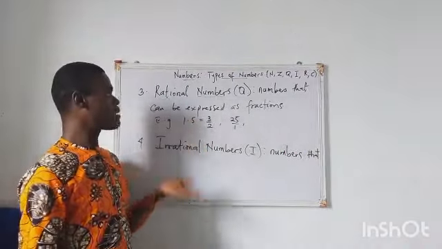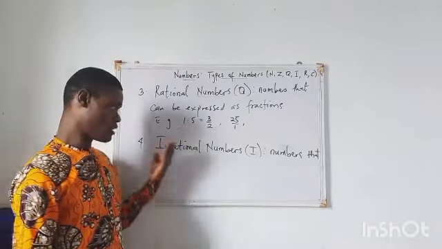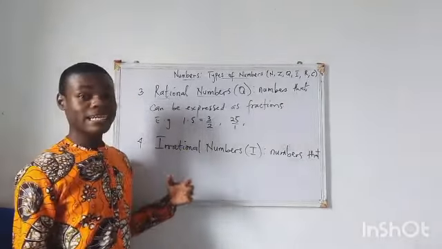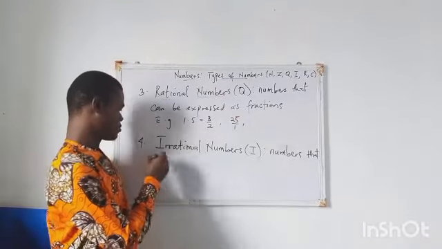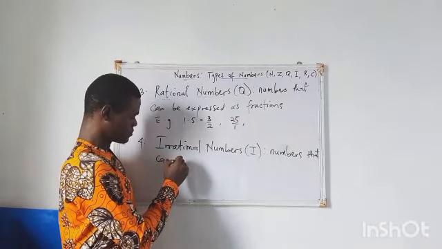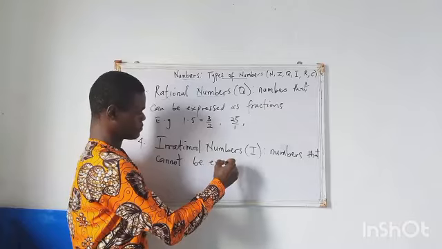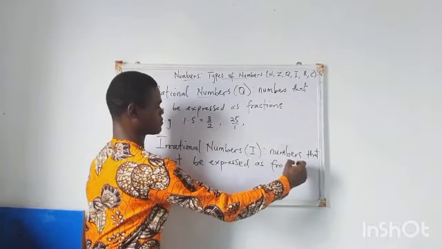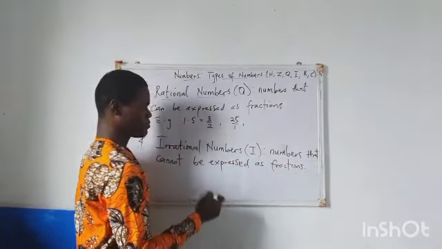If rational numbers are numbers that can be expressed as fractions, and irrational numbers are their opposite, what do you think irrational numbers would be? Numbers that cannot be expressed as fractions. So we have numbers that cannot be expressed as a fraction. Alright? So we have examples.